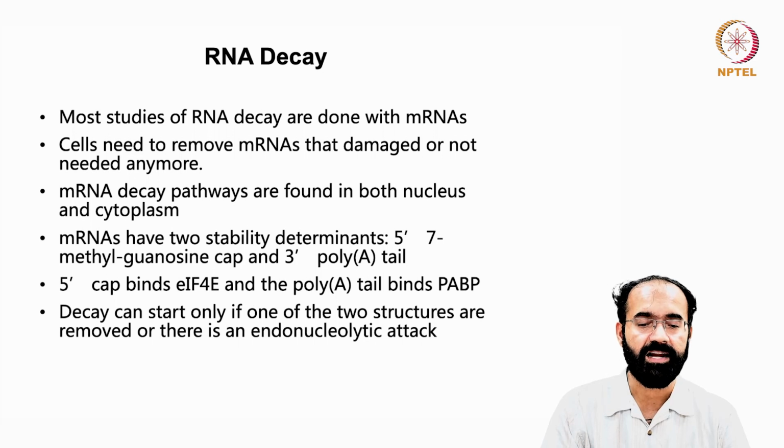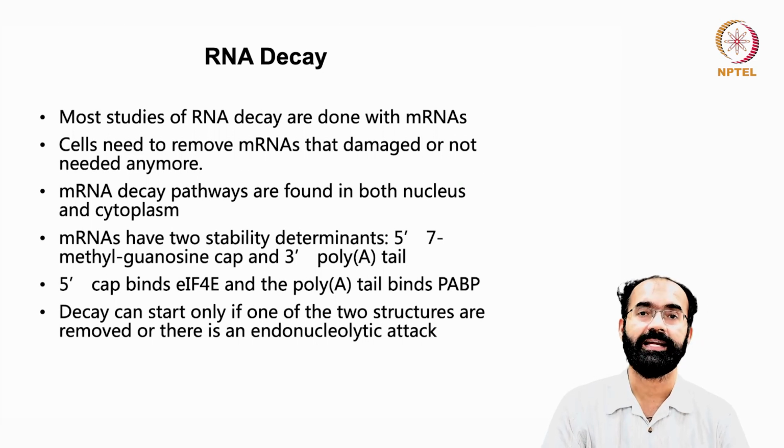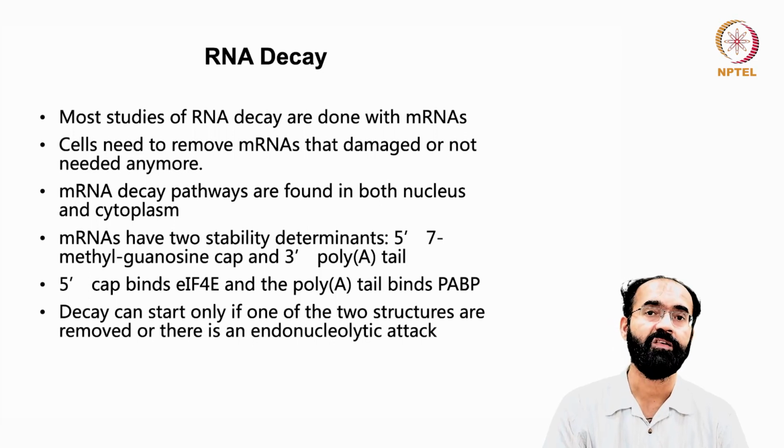Decay can start only if one of the two structures is removed or there is an endonucleolytic attack. If eIF4E is bound at the 5' end and PABP is bound at the 3' end, everything is fine with the RNA, but it is still vulnerable to endonucleolytic attack, where an enzyme cuts right in the middle of the RNA, which exposes two ends. A new 5' end and a new 3' end are exposed because of the cut.